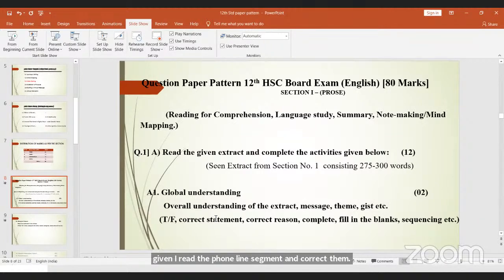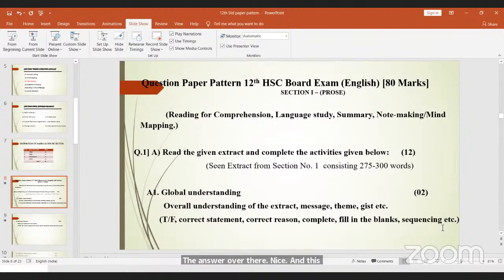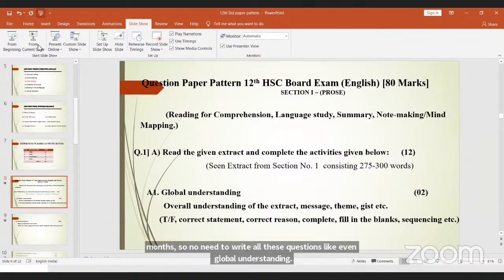Half a mark will be given for identifying whether the statement is true or false, and half a mark for writing the correct answer. So read the question very carefully and write accordingly. You have to rewrite the statement for all these conditions. For fill in the blanks and complete the statement, underline the answer. This activity is for 2 marks. There is no need to write labels like A1, global understanding and all; just write the question over there.